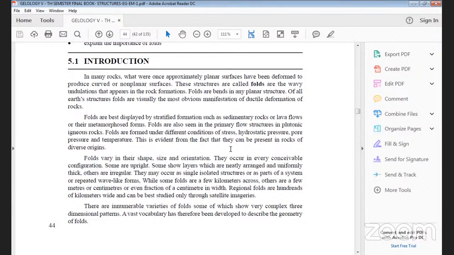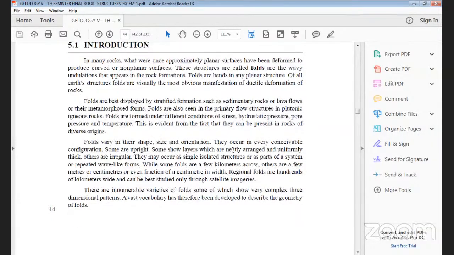We consider these folds are seen particularly in primary structures in the metamorphic and plutonic rocks. And folds are formed under different conditions, maybe due to stress, hydrostatic pressure, both the pressure and the temperature. This is the best evidence when we see in different rock formations those structures defined as folds.